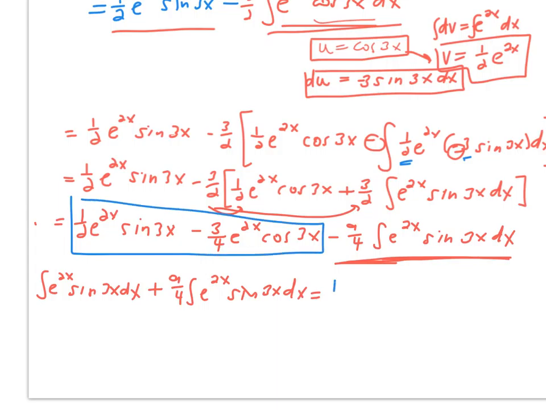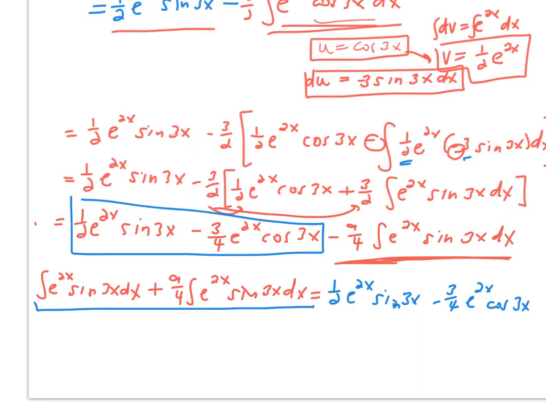So it'll be 1/2 e to the 2x sine of 3x minus 3/4 e to the 2x cosine of 3x. At the end we'll put our plus c. Okay, these two, like I mentioned, they are like terms. It's the antiderivative of e to the 2x sine 3x dx in both cases. So here we have 1 times that integral. Here we have 9/4.